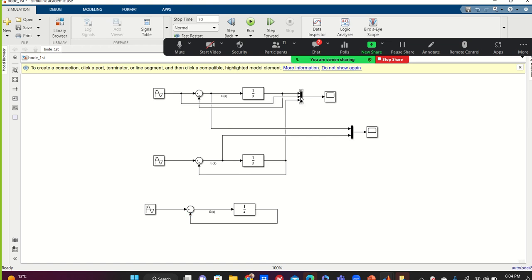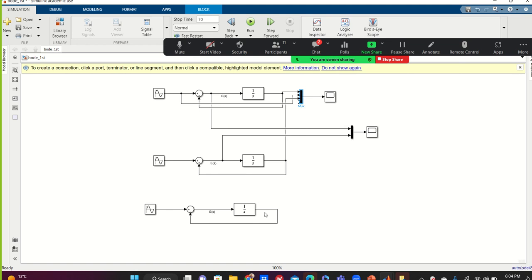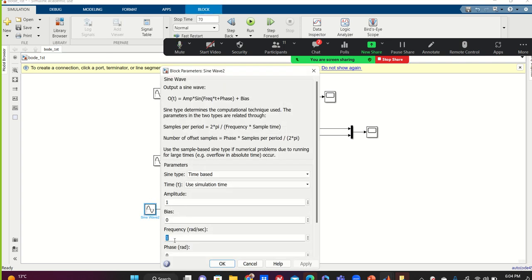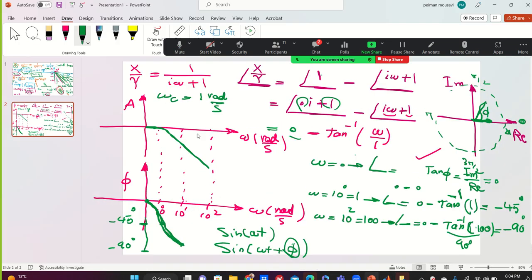Now I go to a higher frequency. Say 10 radians per second. Means here, guys. 10. Higher frequencies. We passed the cutoff frequency.